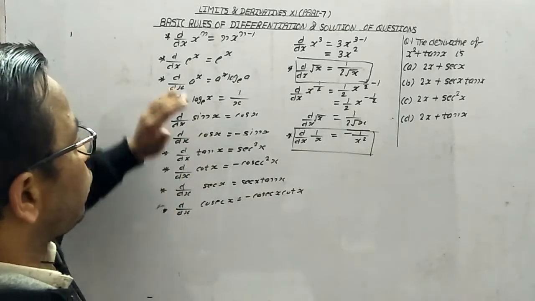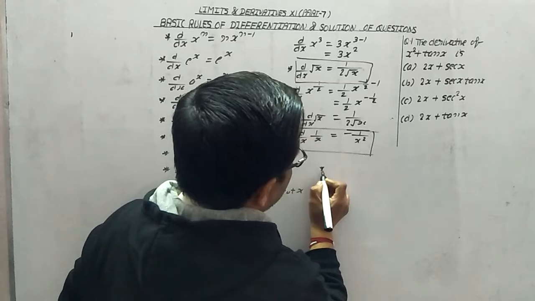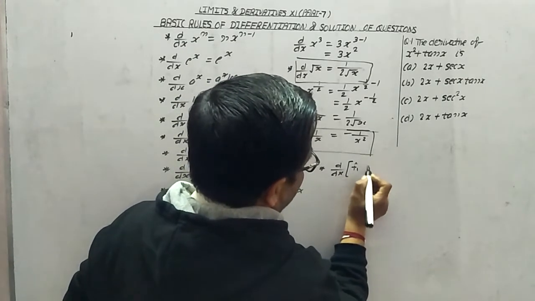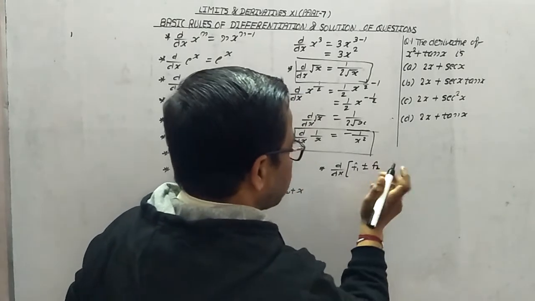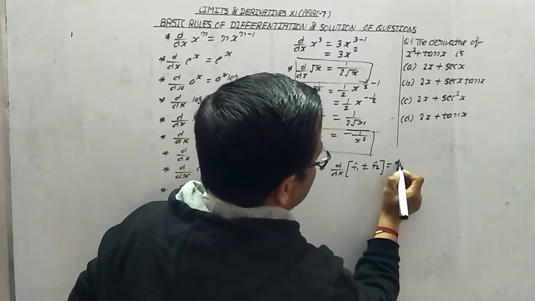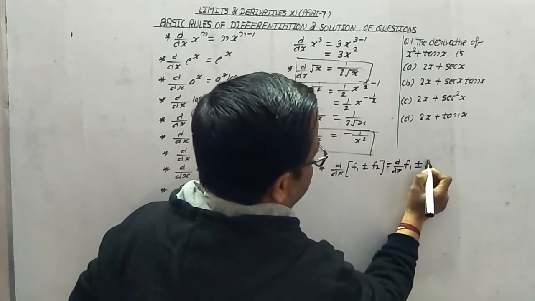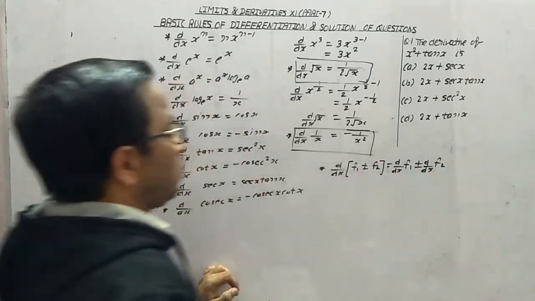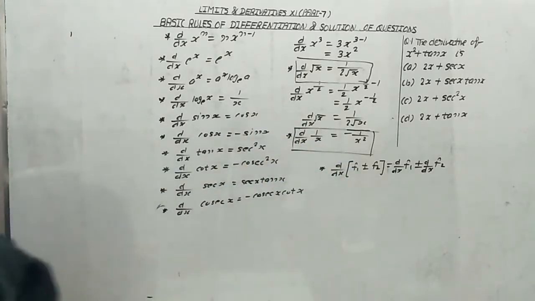These are the rules which we have to use in questions. And the fundamental rule is: if we have two functions of x, either in addition or subtraction, then we can find the derivative of each function separately. It means d by dx of f1 plus or minus d by dx of f2. These rules are very important to do the questions.